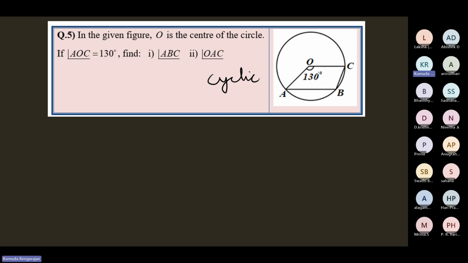A quadrilateral is said to be cyclic if all its vertices lie on the circumference of a circle. If all the vertices of the quadrilateral lie on the circumference of a circle, then it is cyclic. So here OABC is a quadrilateral, but not a cyclic quadrilateral.